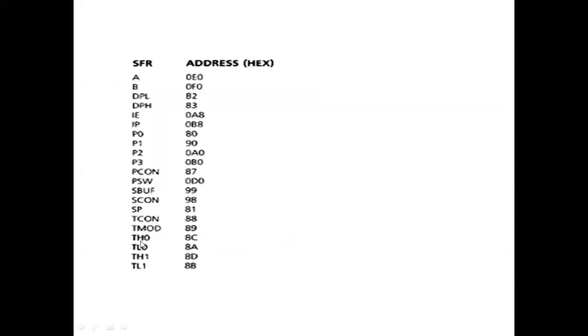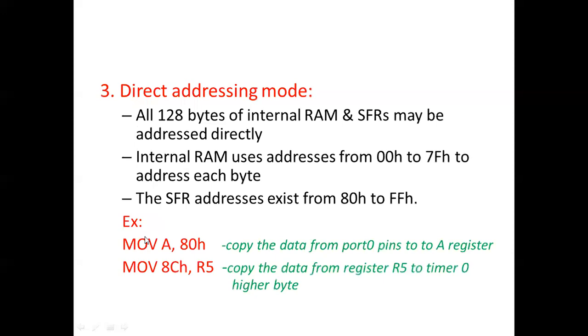You can see here timer 0, this is the lower byte, this is the higher byte, and T1 represents timer 1, where H represents the higher byte and L the lower byte. All these are special function registers and their addresses, which can be used in the direct addressing mode.